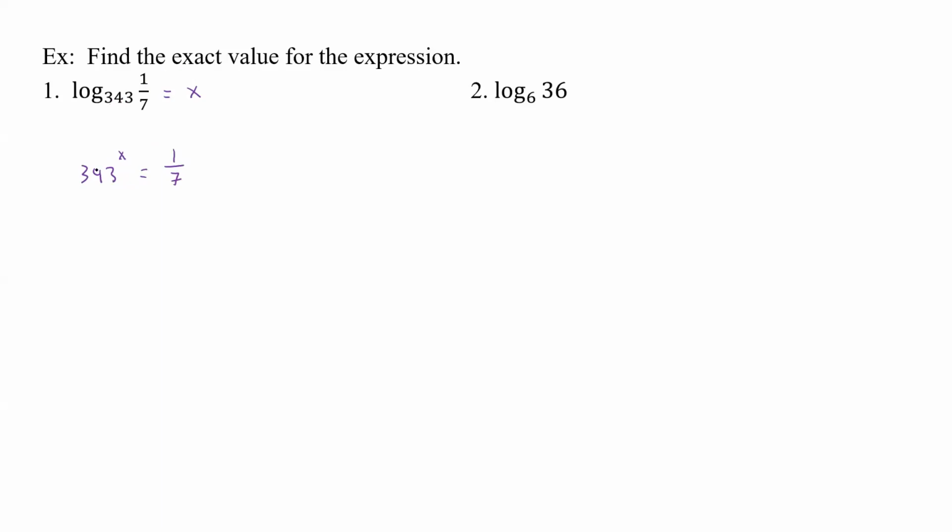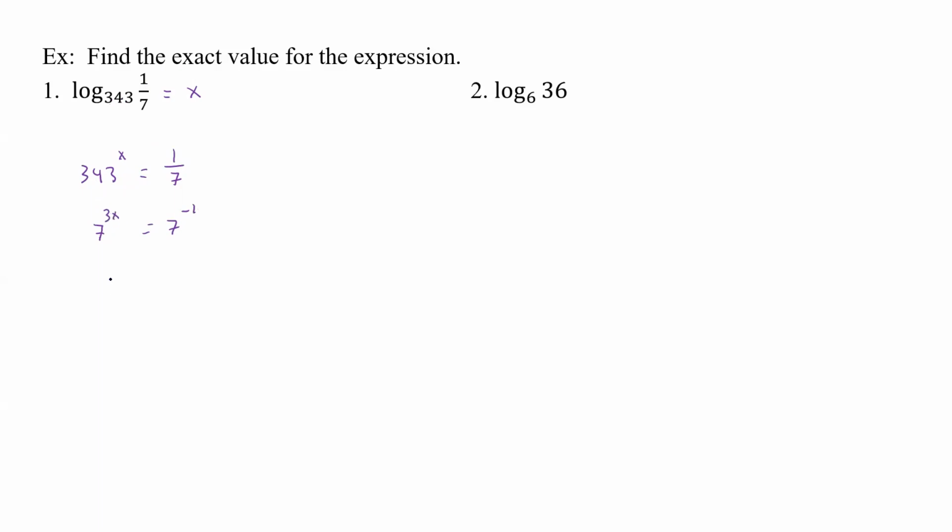Now, what is 343? Well, it's going to be a power of 7, I'm betting, because this is 7 to the negative 1, so I want 7 on this side. 7 times 7 is 49, times 7 is 343. So that's 7 to the 3, and then raised to x.